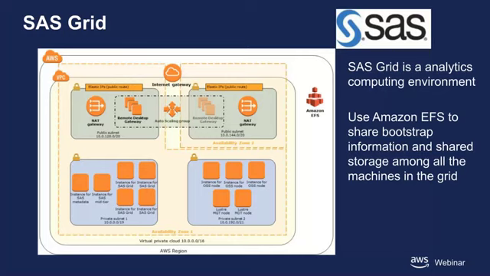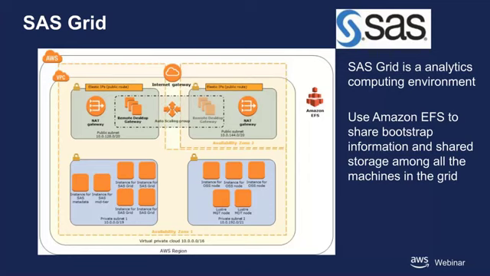A SAS Grid environment in the AWS cloud provides the elasticity and agility to scale your resources as needed. This diagram here is from the SAS Grid infrastructure on AWS Quick Start, which was developed by SAS and Core Compete, who is an AWS partner and a member of the AWS Partner Network.